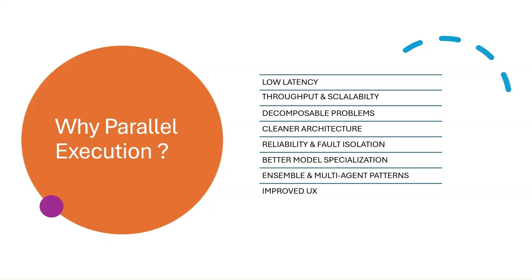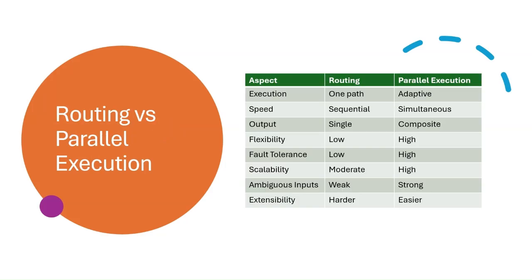Parallel execution also enhances reliability by isolating failures and enabling partial results and easier retries, which improves user experience through faster and incremental outputs. It further supports advanced patterns like multi-agent systems and ensemble methods while optimizing costs by using smaller models and rerunning only failed tasks.